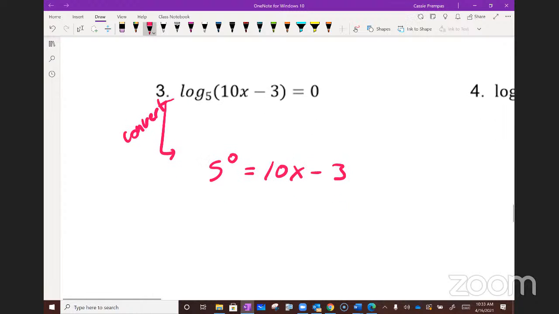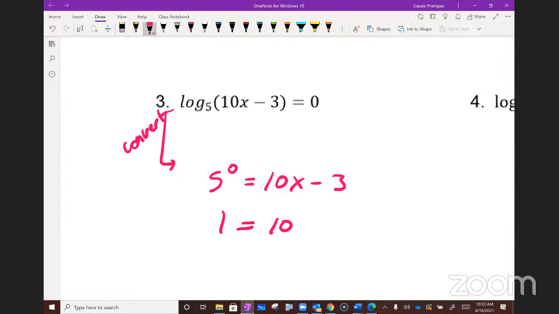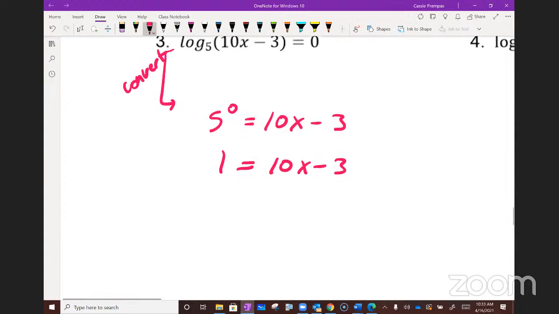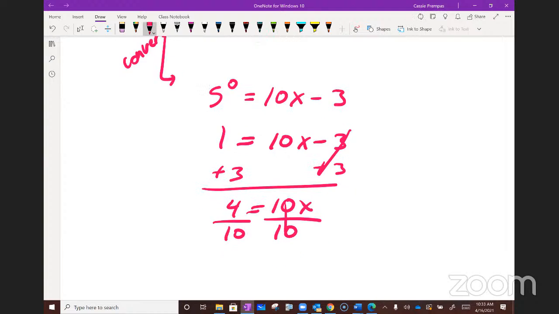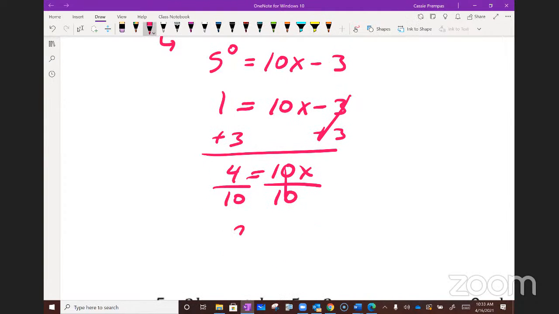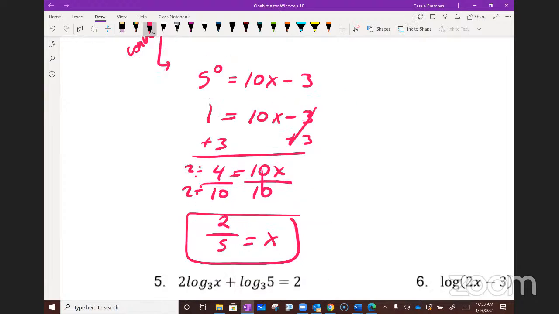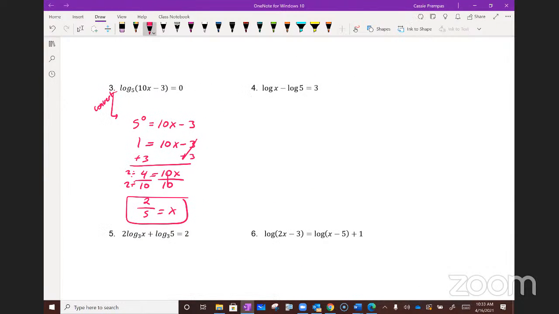Perfect. 5 to the 0 power is 1. 1 equals 10x minus 3, and you have the 3. And that's 4 divided by 10, and then that's 2 fifths. 4 divided by 10, you said was 2/5? Yeah. Awesome, because we can divide by 2, divide by 2. Well done. Class, any questions on that one?